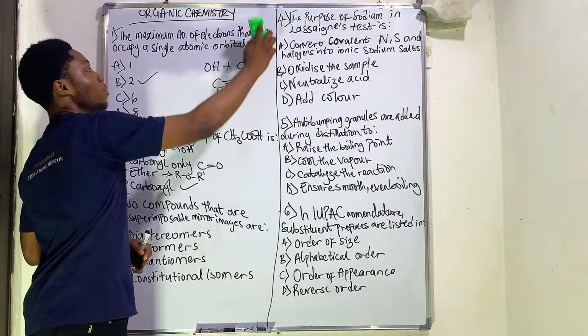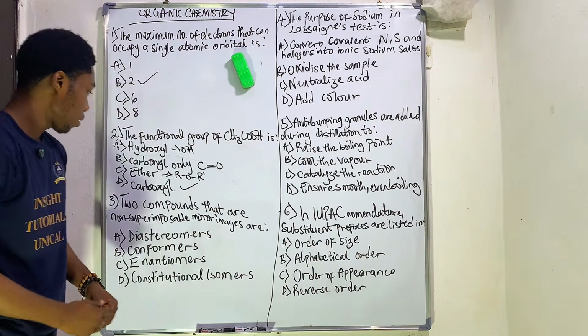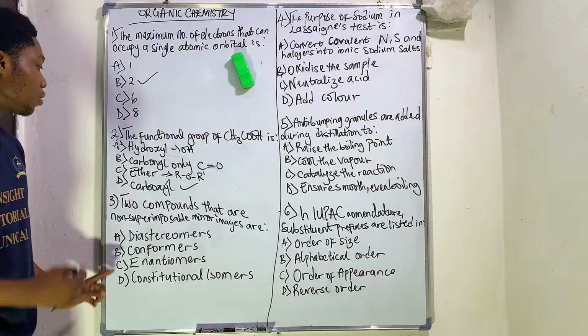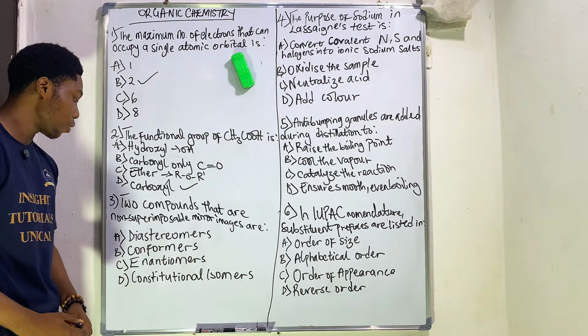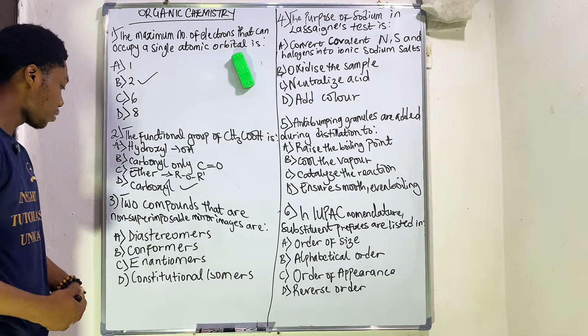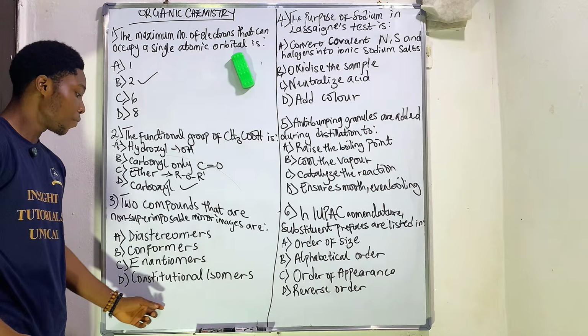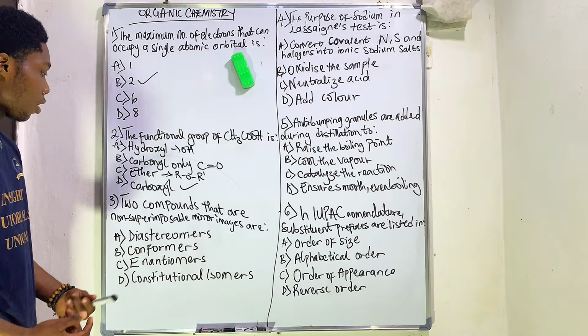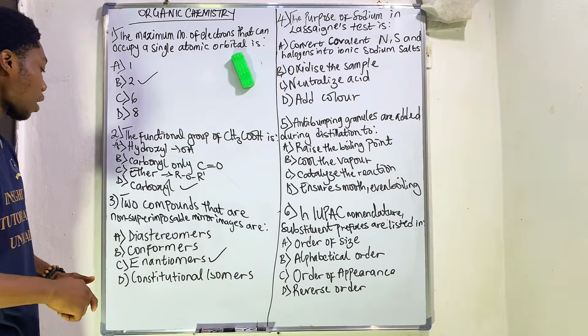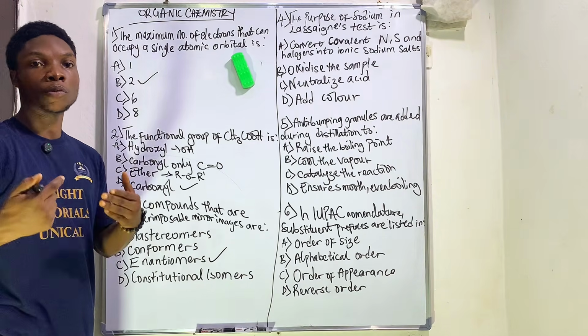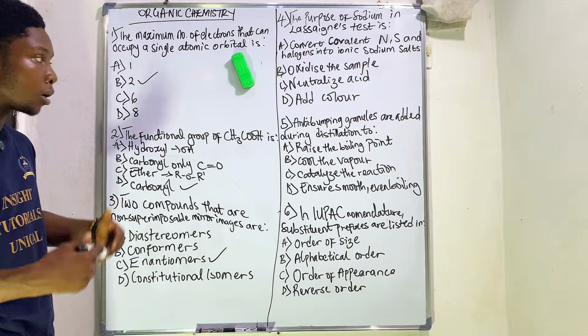Alright. So, next question. 2 compounds that are non-superimposable mirror images are A, diastereomers; B, conformers; C, enantiomers; D, constitutional isomers. So, the correct answer is enantiomers. Enantiomers are non-superimposable mirror images of each other.